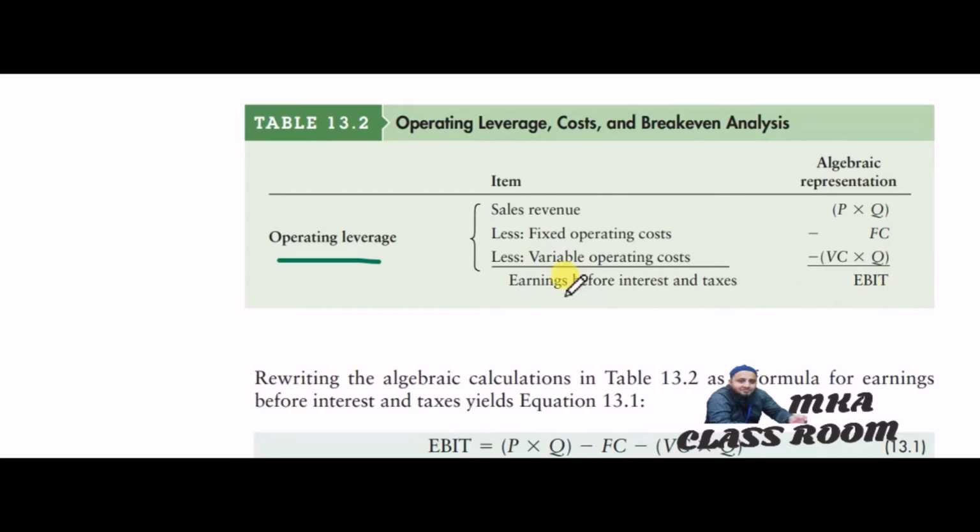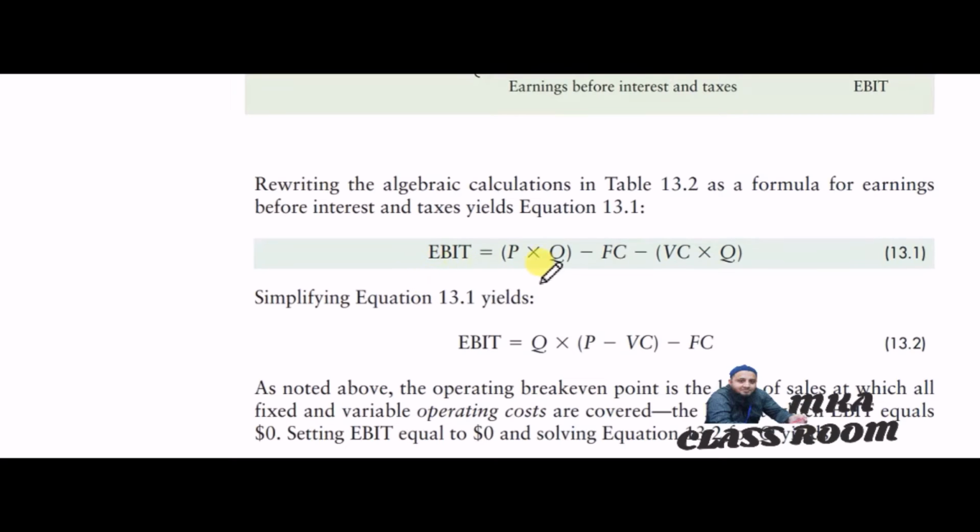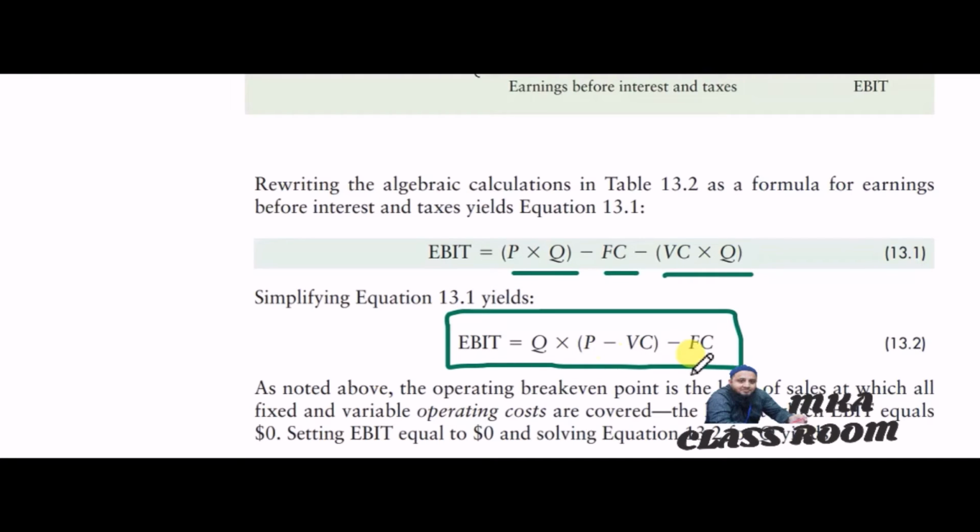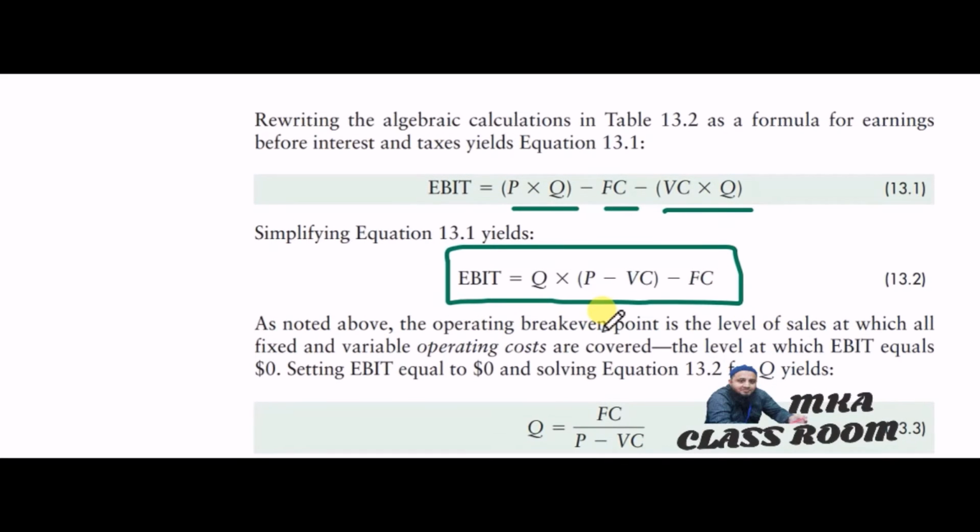Then EBIT is sales minus fixed operating cost FC minus variable operating cost, which is variable cost per unit times quantity. So EBIT equals P times Q minus FC minus VC times Q, which gives EBIT equals Q times (P minus VC) minus FC. That is the formula for EBIT.